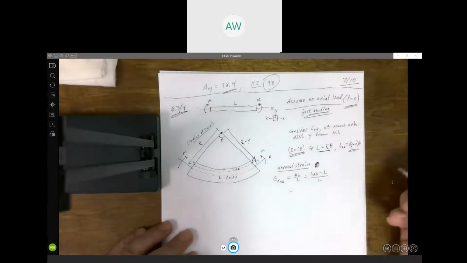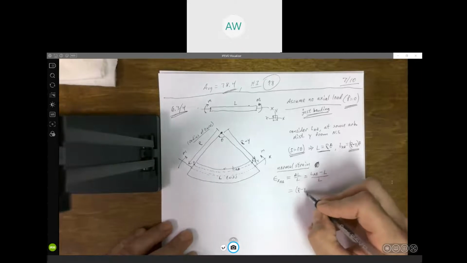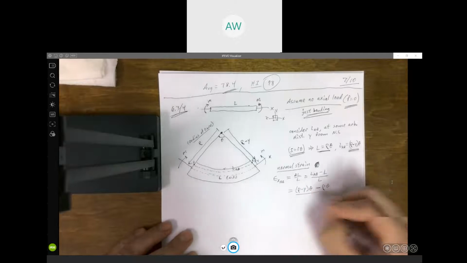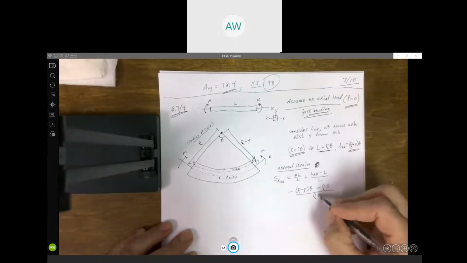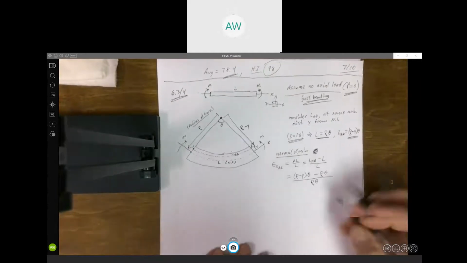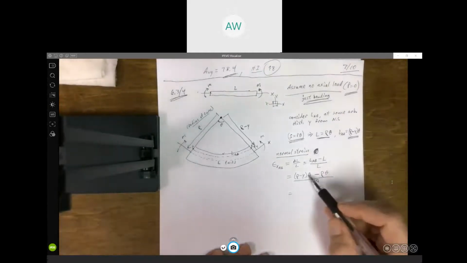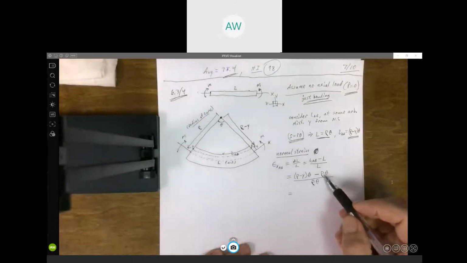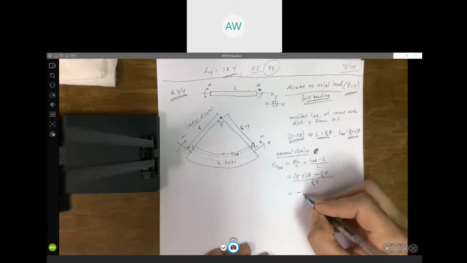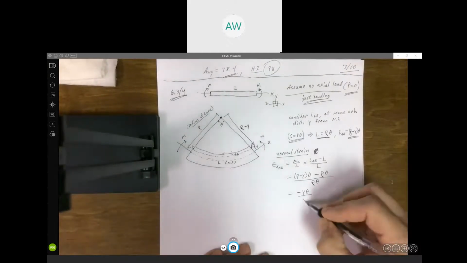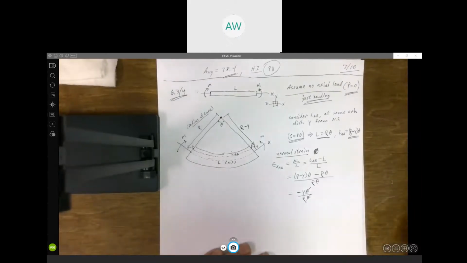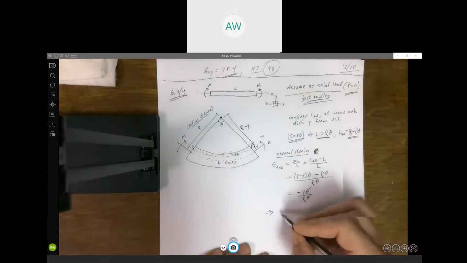Substituting in what we know, this is rho minus y times theta, L is rho times theta, and in the denominator again we have rho theta. If you multiply this theta out, you get a rho times theta and a minus rho times theta, so they cancel out. In the numerator all you're left with is minus y times theta, in the denominator rho times theta, and the thetas cancel out.